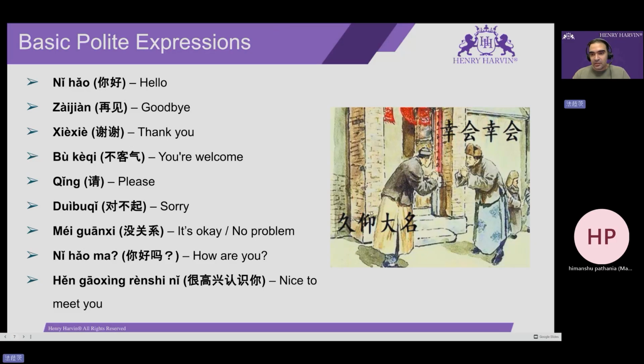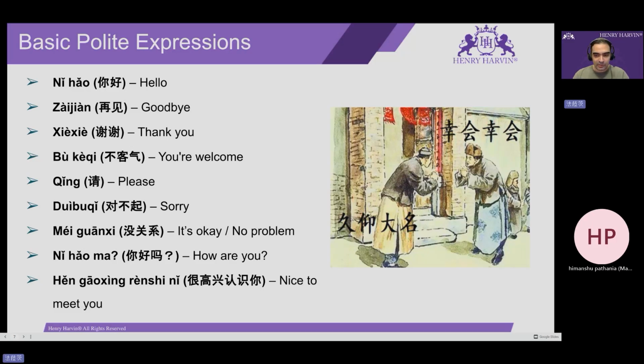And in this slide, there's a classical Chinese expression which is 久仰大名,心会心会. It generally means that I am very glad to meet you.